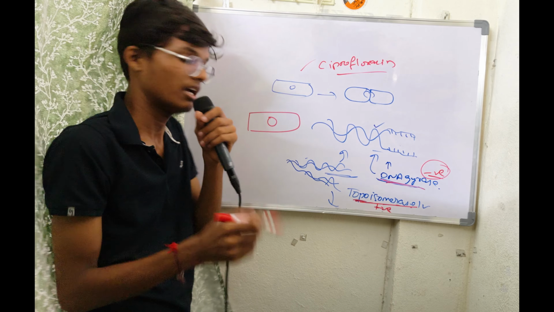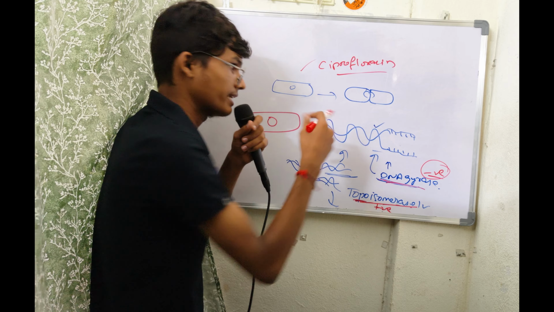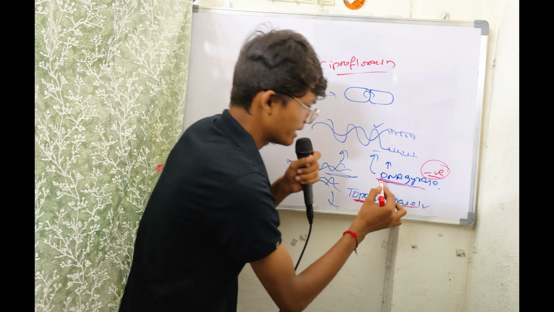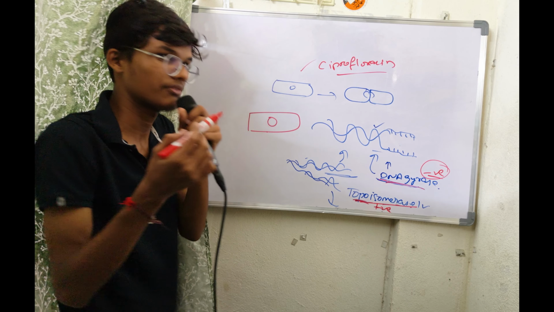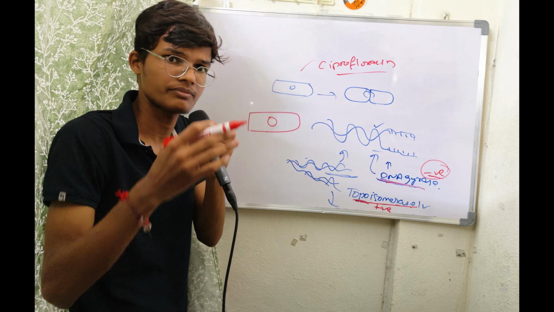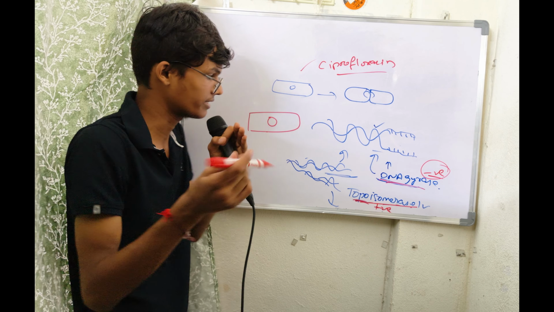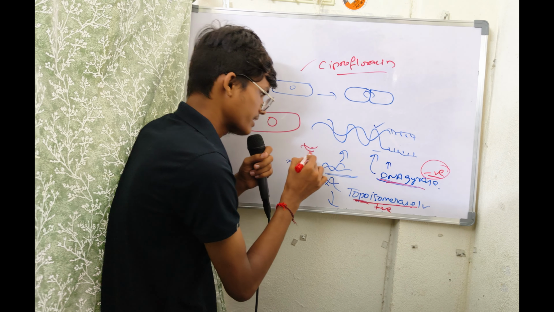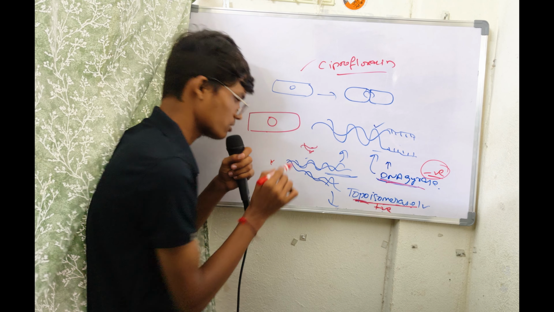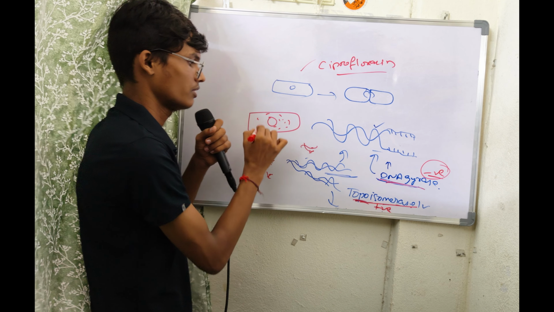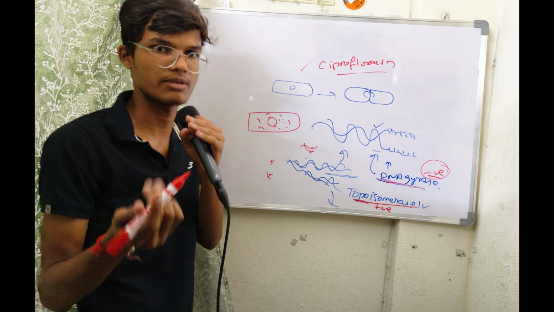Ciprofloxacin is bactericidal. Okay, if DNA replication is stopped, why does the bacteria die? See, DNA gyrase and topoisomerase, apart from cell replication and multiplication, also help in DNA maintenance. So if maintenance is removed, protein synthesis is also gone, and the bacteria dies due to loss of important essential proteins.